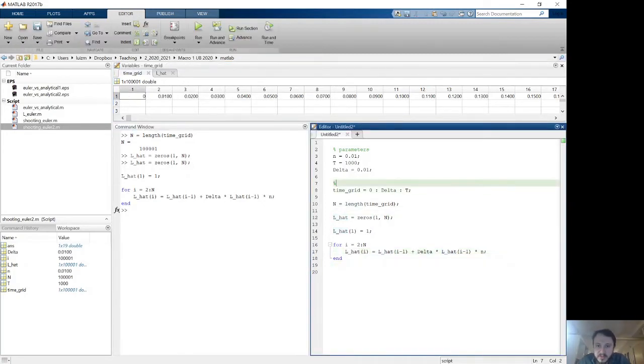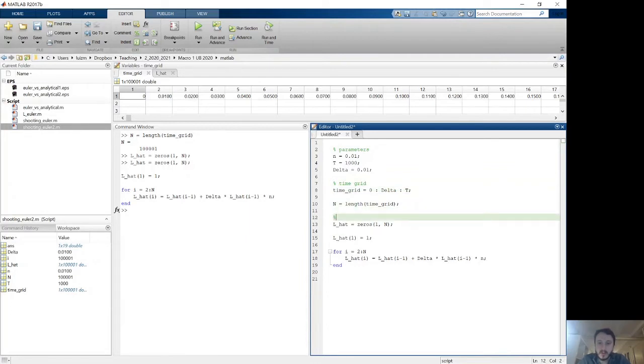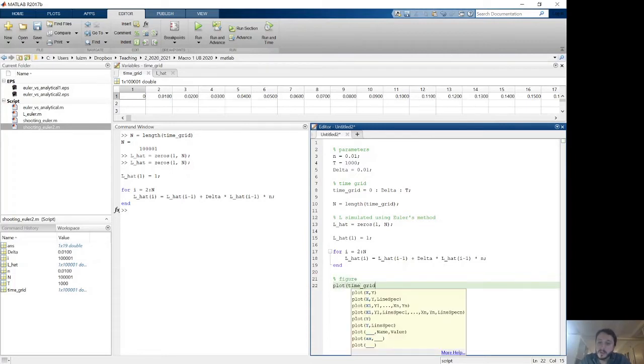Let me put here some comments: time grid, L simulated using Euler's method. And figure. So let's plot this. Let's plot the time grid, that's the horizontal axis, and L hat.